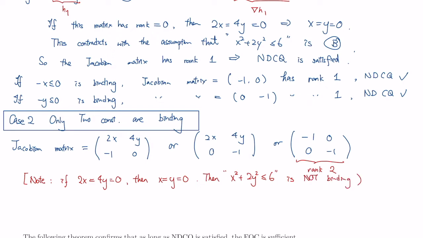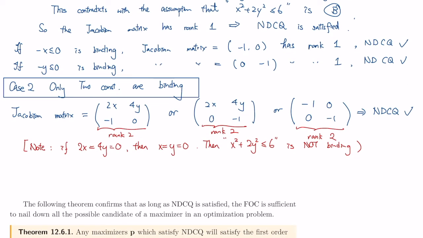This contradicts our assumption that this constraint is binding. So this is impossible. It turns out all of them have rank 2. So hence the NDCQ is valid, and we don't have to worry about that.